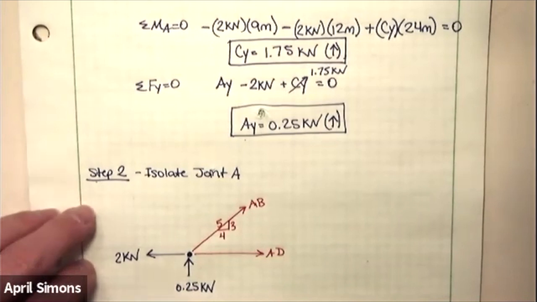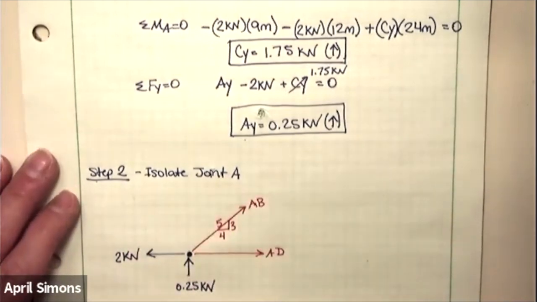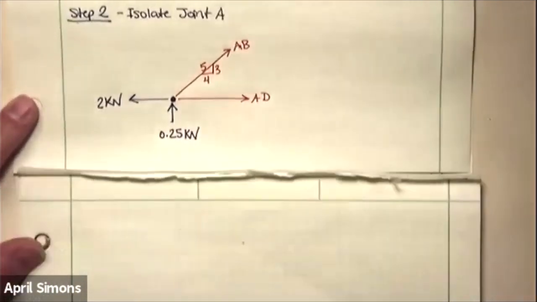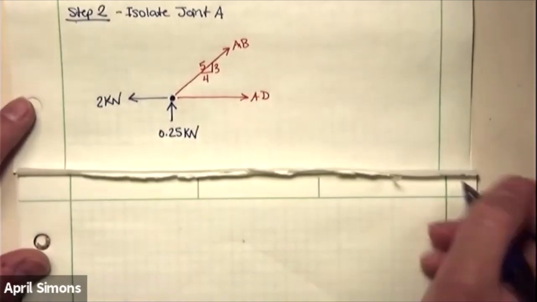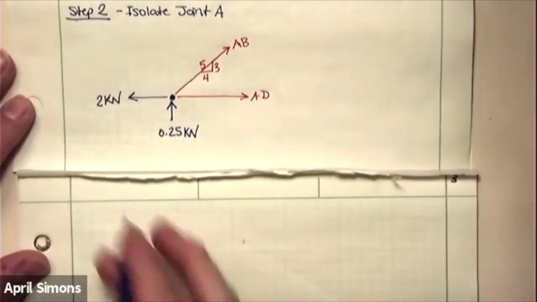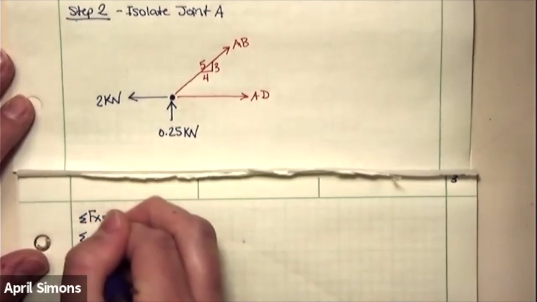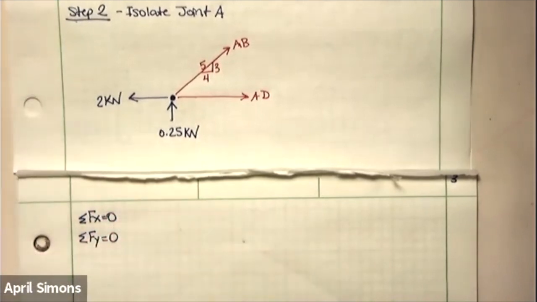Okay, at this point, we just want to apply our 2 equations of equilibrium. So we don't have 3 equations to use since it's a free body of a particle. So our 2 equations of equilibrium: sum of the forces in the X equals 0, sum of the forces in the Y equals 0.